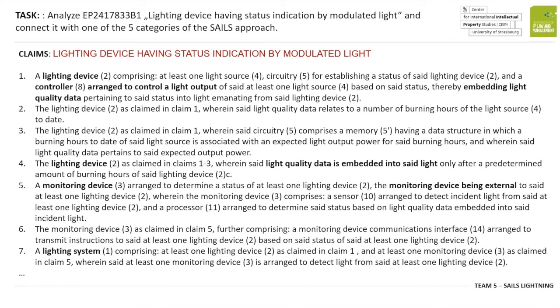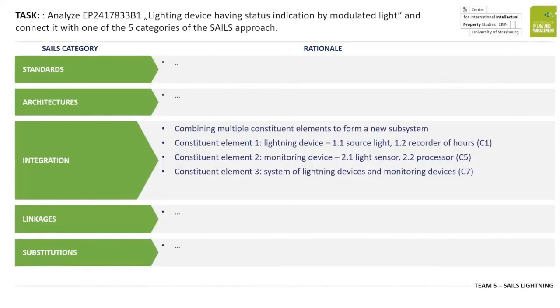And both of them are put into a lighting system, as you can see here in Claim 7, with corresponding information that helps the operator of this system to have a more efficient maintenance of the installed lighting system. In our view, that very much relates to the sales category of integration, where multiple constituent elements are put together to form a new subsystem.